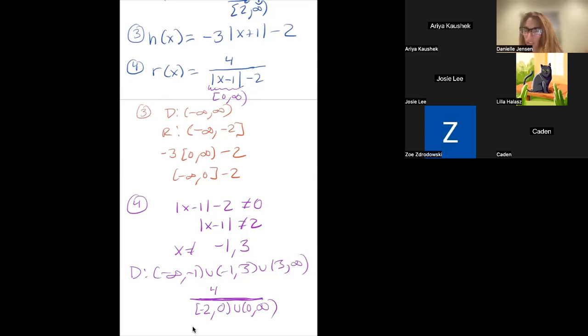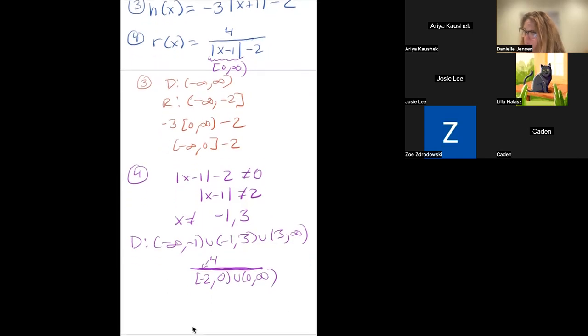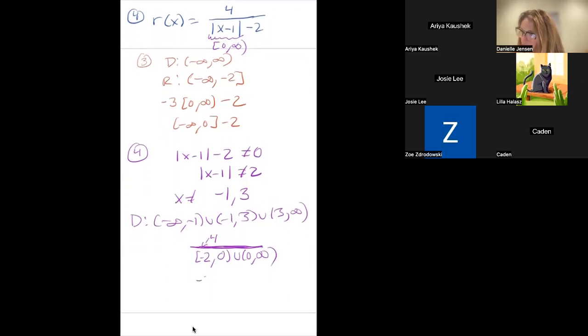Now doing that out, 4 divided by negative 2 would be negative 2. 4 divided by a tiny negative would be negative infinity. So that's the negative side. And from the positive side, 4 divided by a tiny positive is going to be huge. 4 divided by a huge number is really close to 0. So that would be my range.